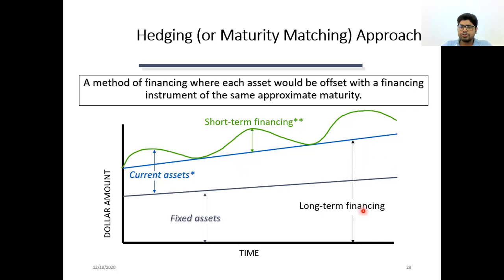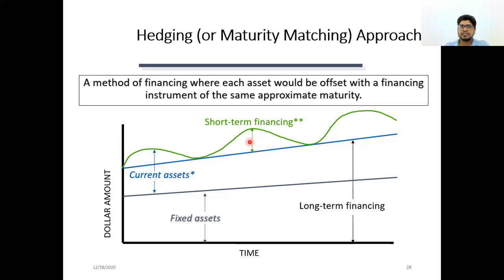Please respond. You can unmute your mic, you can talk freely. Permanent portion of current assets is financed by which means? Long-term loan. Very good. Yes, permanent current asset is financed by long-term financing. And here the temporary working capital is financed by which means?